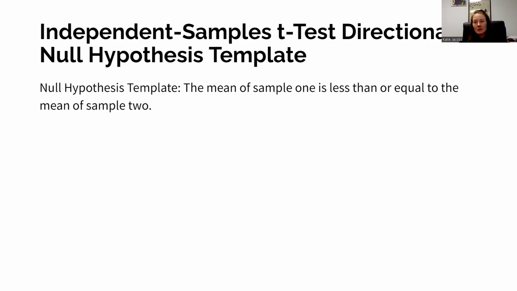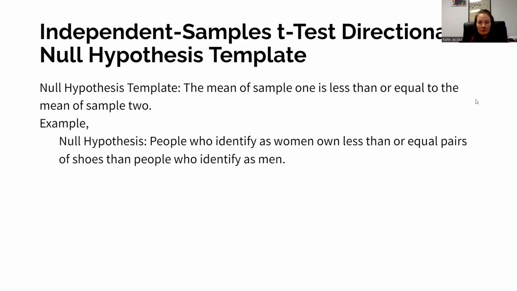But you may be in a situation later on where you don't have another statistics class, but you're expected to do research. And it's really helpful to have these templates where you could go back and reference for how you would write your research or null hypothesis. All right, so if we take our null hypothesis template and we plug in words, extending the example that we did: null hypothesis, colon, people who identify as women own less than or equal pairs of shoes than people who identify as men.